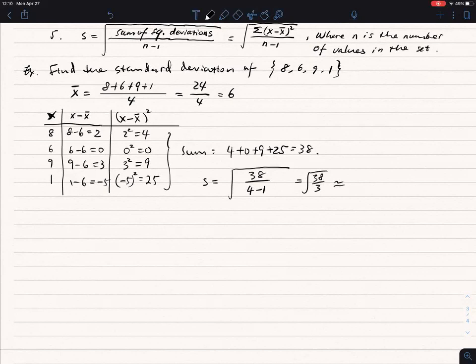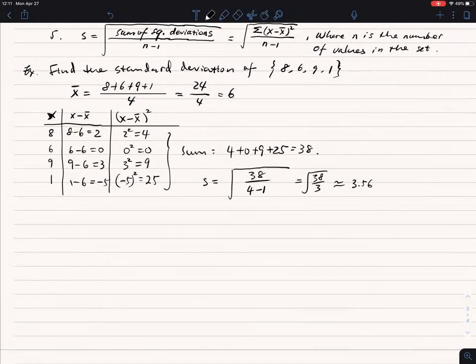Well, I could have taught you how to find a square root by hand, but nobody's doing that nowadays. Just use a simple calculator or Google. This is 3.56. So this is the standard deviation.